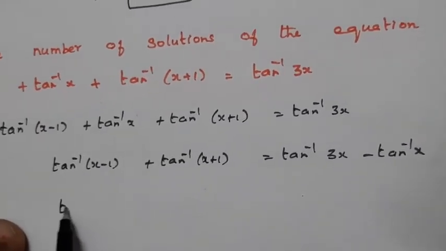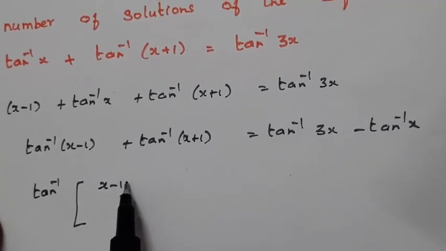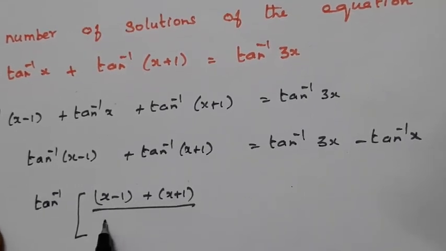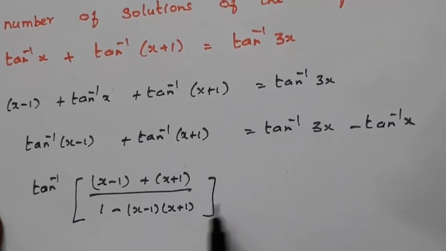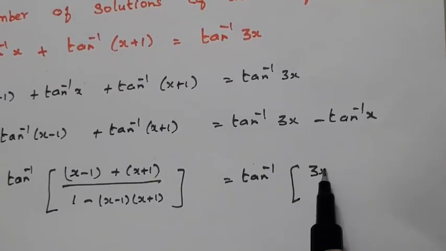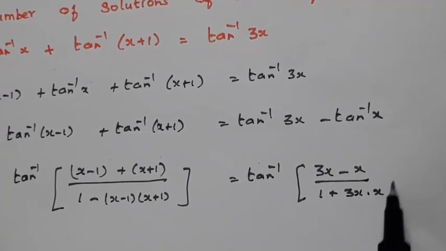So what happened to the left hand side? It will be x minus 1 plus x plus 1 divided by 1 minus of x minus 1 into x plus 1. So the right hand side becomes tan inverse of 3x minus x divided by 1 plus 3x into x.